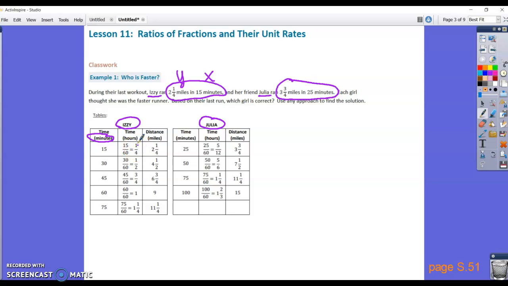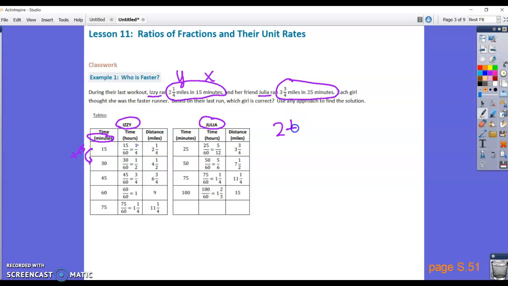So let's ignore the hours for just a second. In our time in minutes, they were increasing 15 minutes. So to go from 15 to 30, they had to multiply by 2. And so therefore, every 15 minutes, she's going 2 1/4 miles.